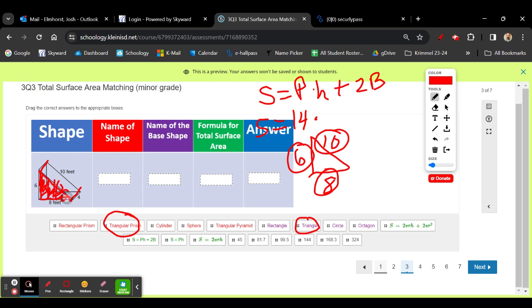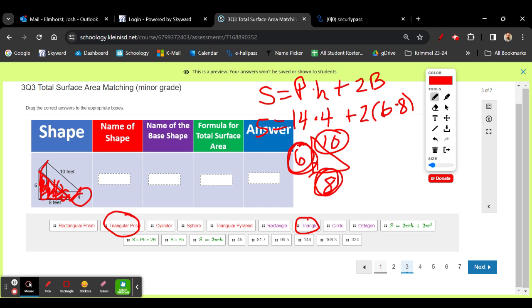So focusing on the base and going up from there is going to be 4. Now we take a look at the area of the base. So the area of this base is going to focus on the perpendicular measurements of 6 times 8.